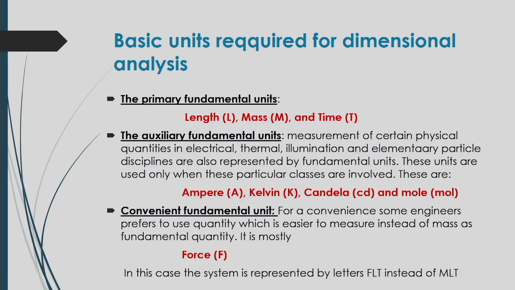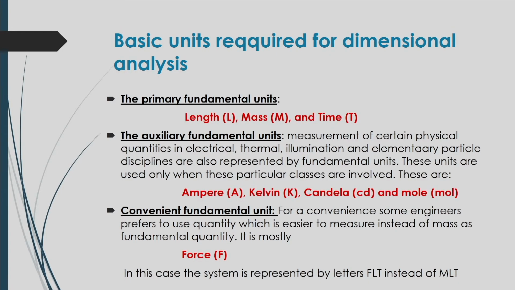There are two processes to do the dimension analysis based on the process variables. If there are n number of variables for analysis of a process, then you have to make all those process variables dimensionless, in such a way that the left hand side and right hand side of the equations are dimensionless. To do that, there are two methods. One is called the Rayleigh method, another is called the Buckingham pi theorem.